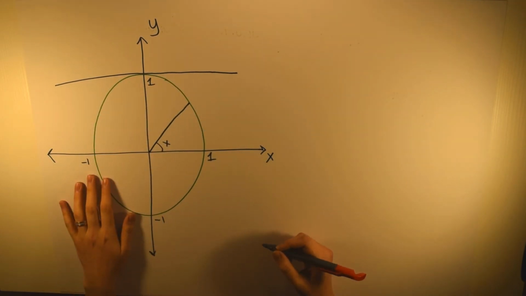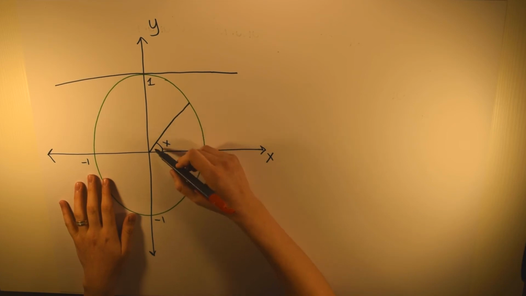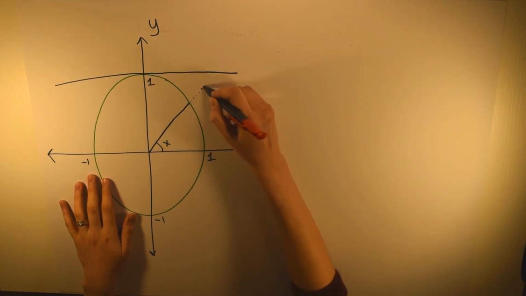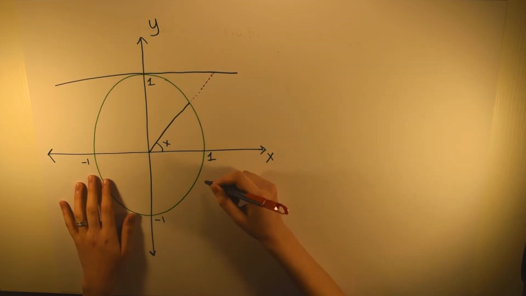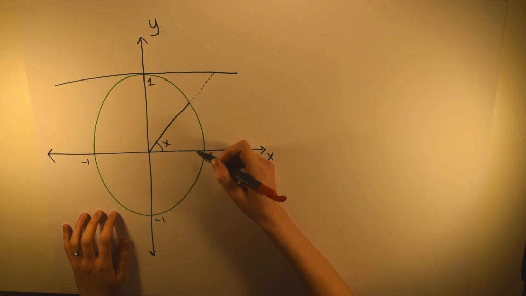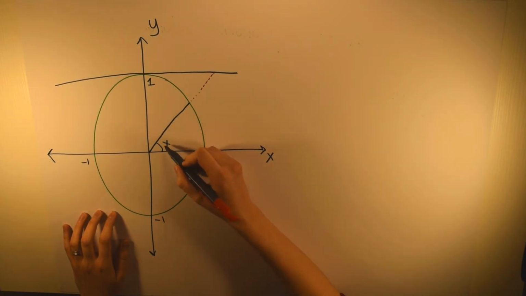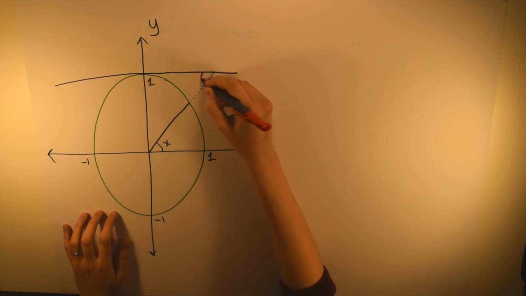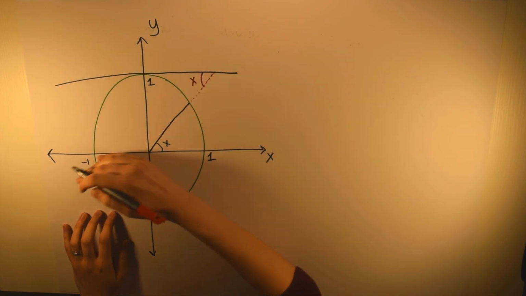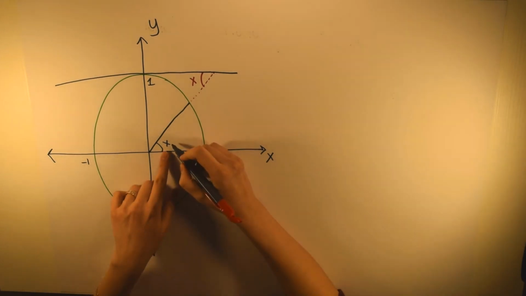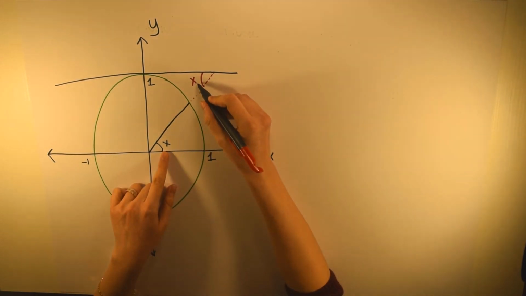When you extend your radius to this line, from the rule of parallel lines, if this angle is equal to x, this angle is also equal to x, since these lines are parallel to each other.